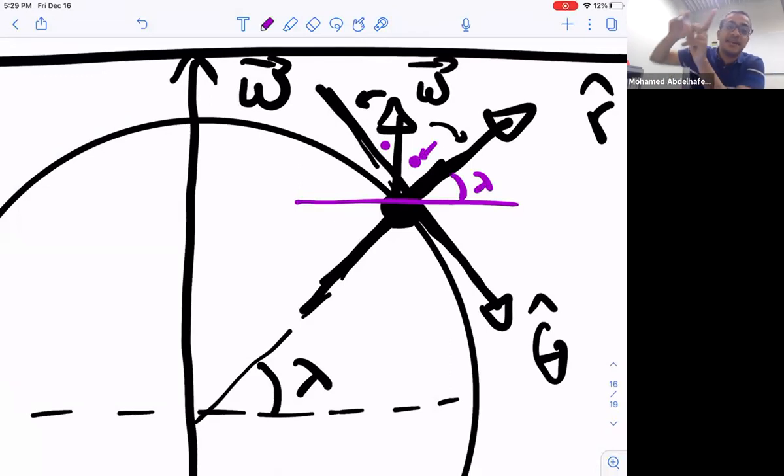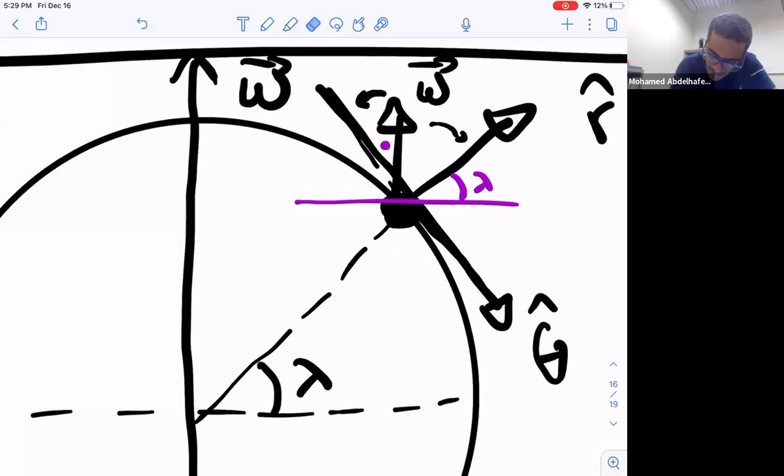But then there is another 90 between this one and the next one, so the other one becomes lambda again. This guy right here is lambda. That's from geometry, because this horizontal one is lambda, then 90 minus lambda, then it goes back to lambda.